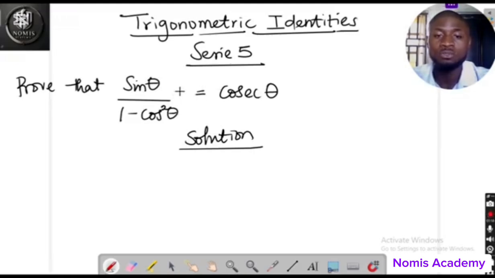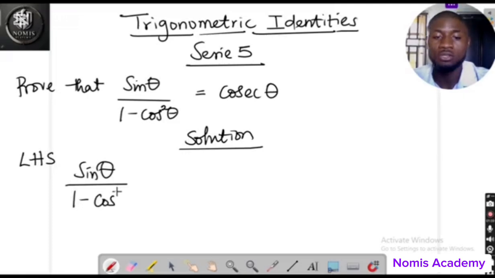So we need to play around with manipulations of trigonometric identities to make sure that sine theta all over 1 minus cos squared theta becomes cosec theta. So let's take the left hand side and begin our manipulation. The left hand side says sine theta divided by 1 minus cos squared theta.